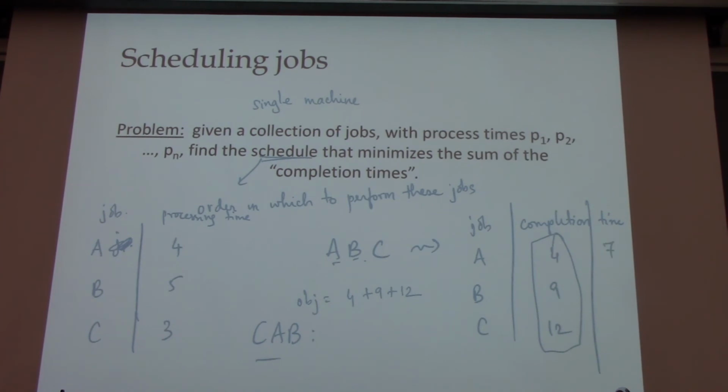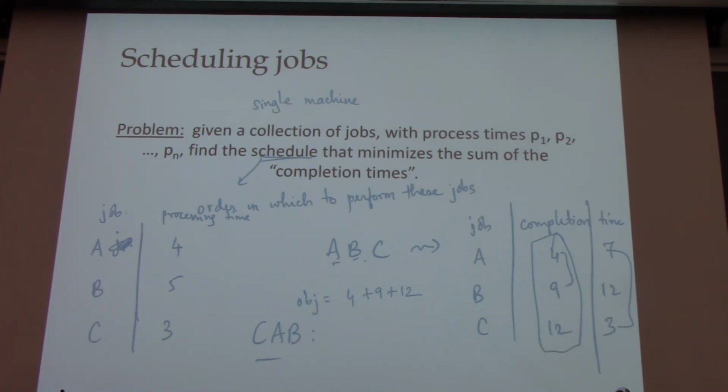It's 7. For B? 12, you can avoid. And what's it for C? As you can see, this is a little bit better than the previous one because 7 plus 3 is smaller than 9 plus 4. So this is what you observed.